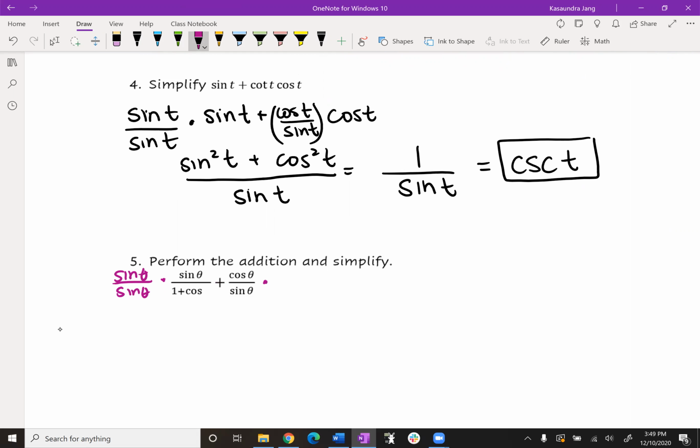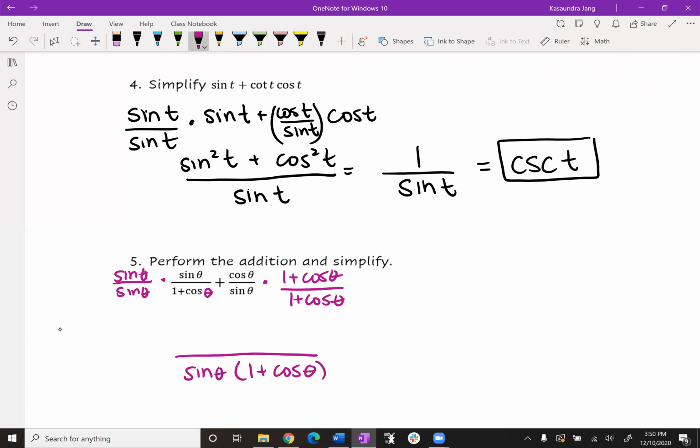And my next fraction, I'm multiplying by 1 plus cosine of theta over 1 plus cosine of theta. This is supposed to be a theta right here. Okay, so both of the denominators are now sine times 1 plus cosine. So that's their common denominator. This is going to all be over a sine times 1 plus cosine.